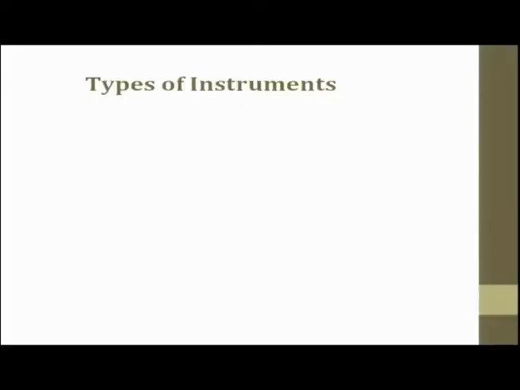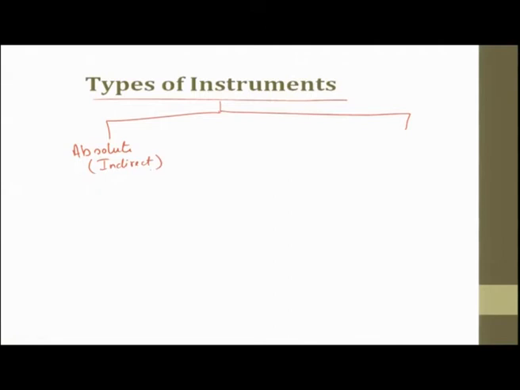When we talk about types of instruments, they can be classified into two. One is absolute, which is an indirect measurement, and we have secondary, which is a direct measurement, a direct instrument.